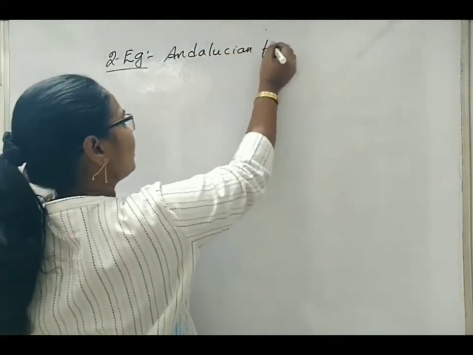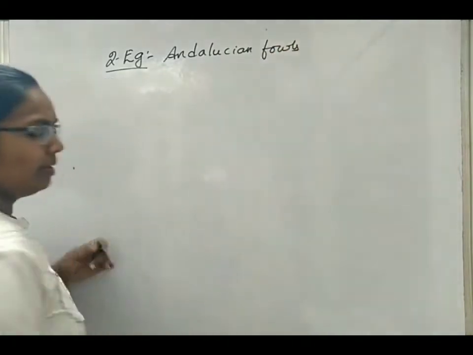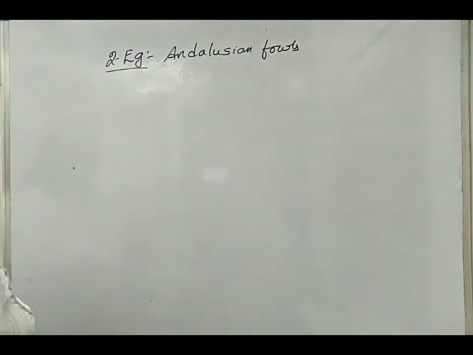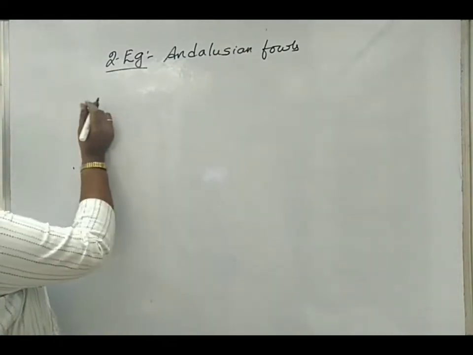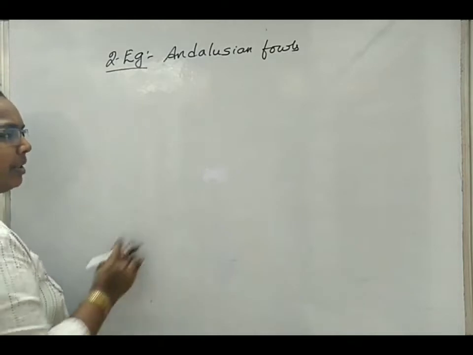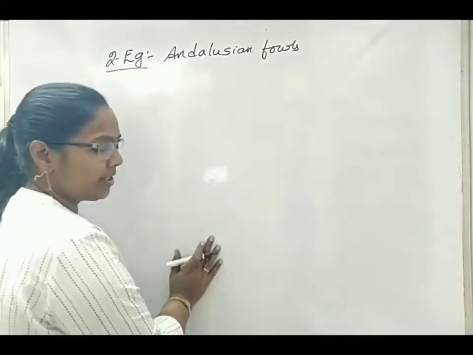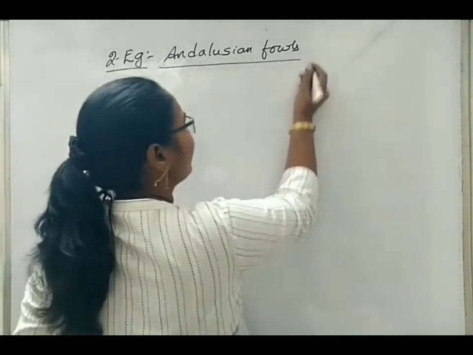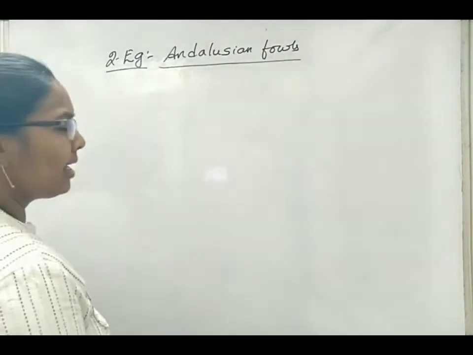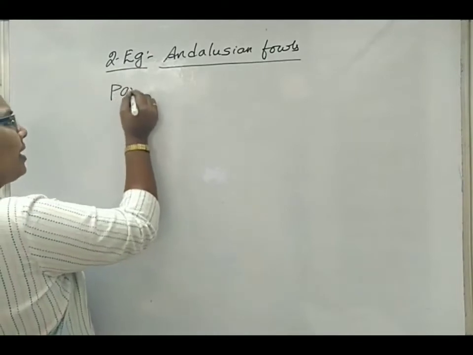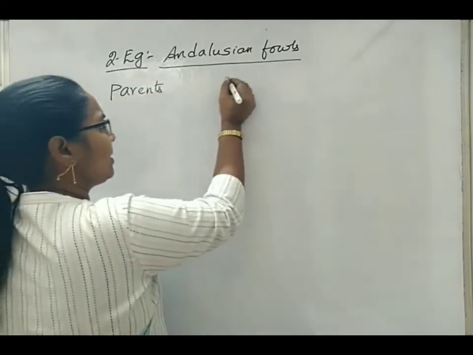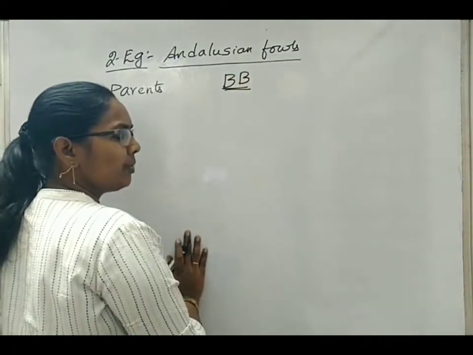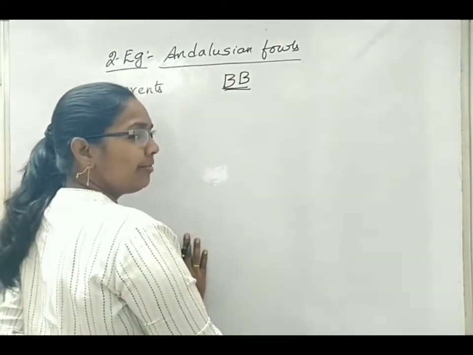Andalusian fowls. Now, your spelling is with an S, I think so. If we explain this in the form of the previous representation, by drawing the Punnett square in F1 and F2, we will see what type of phenotypes and genotypes are expressed. So first, if we take parents, let's represent the parents with capital B, which is responsible for the dominant color, that is black color feathers.